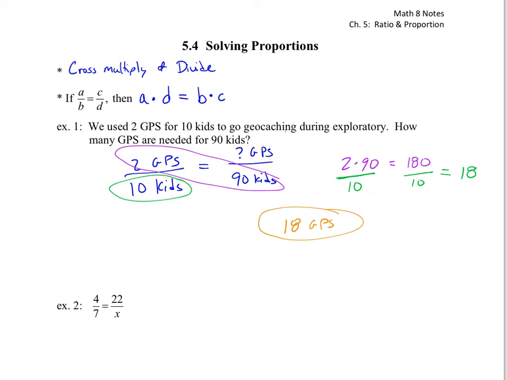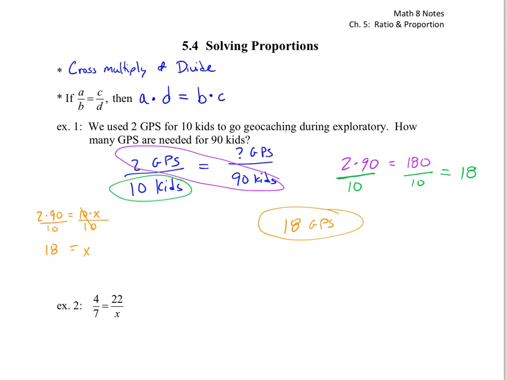Okay, that works because of what we said up top, A times D equals B times C. So if it was 2 times 90 equals 10 times X for our missing GPS, we would multiply and then divide by 10, and you'd get your X all by itself.